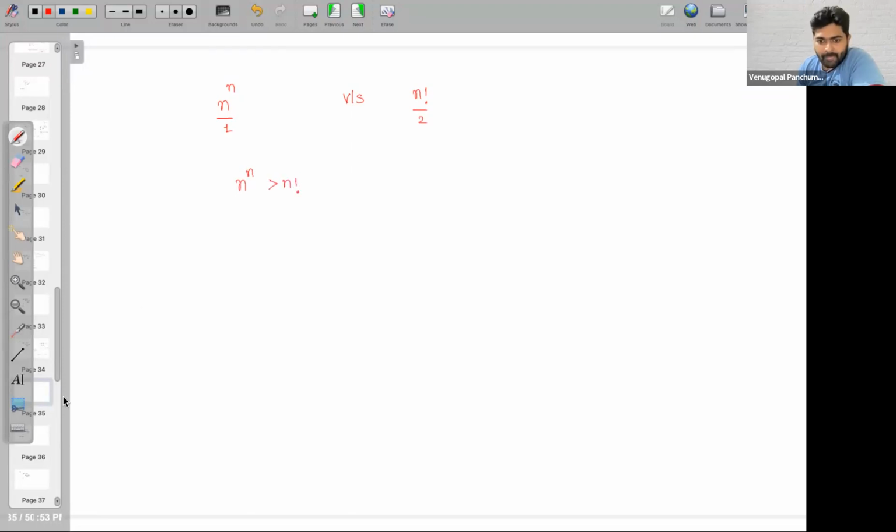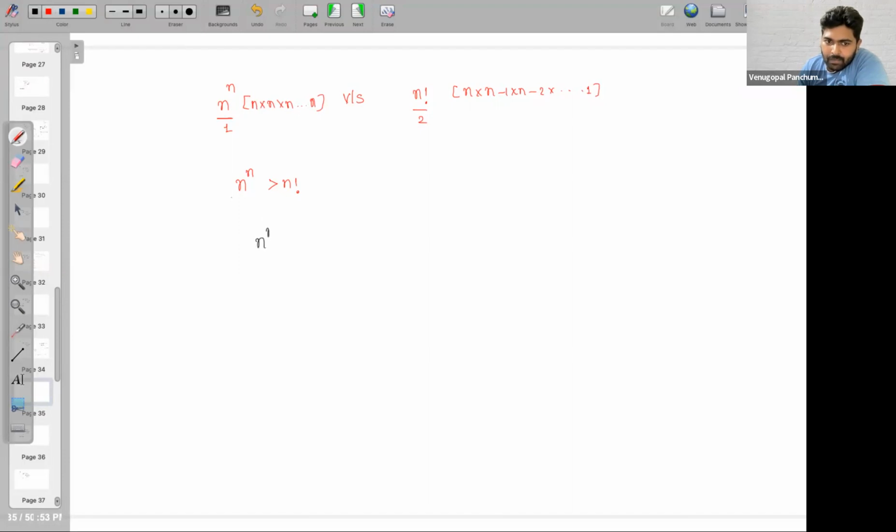Because n factorial is nothing but n into n minus 1 into n minus 2 up to 1. What about n power n? N power n is nothing but every time you are multiplying by n only. So definitely this is bigger. But let me apply log to both of them, friends.